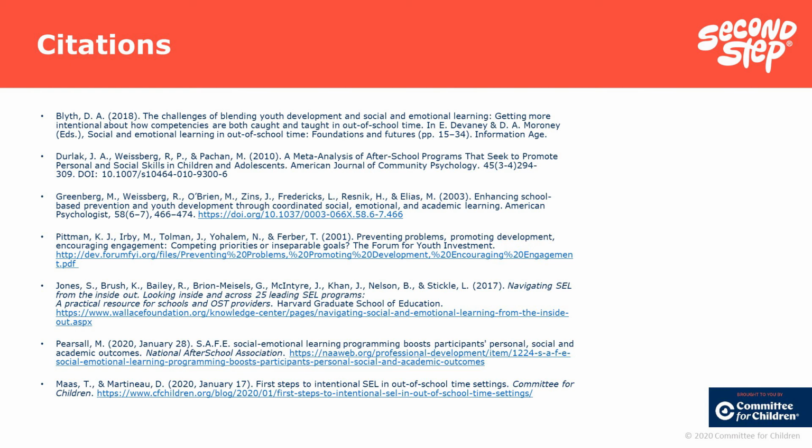So the whole first unit in the program is focused on relationship building. We know the importance for all learning, but we saw how central it is to the work of out of school time spaces very, very early on.